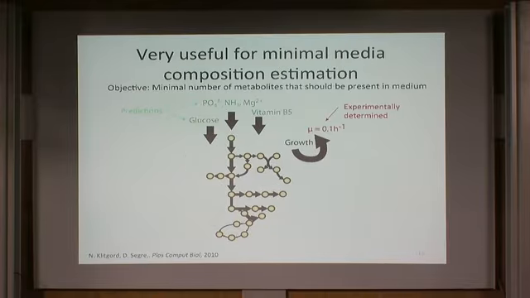In this study, I was using it, for example, to estimate the minimal growth requirements for a given bacterium. Basically, what compounds should be present in the minimal medium in order to support growth of the species.